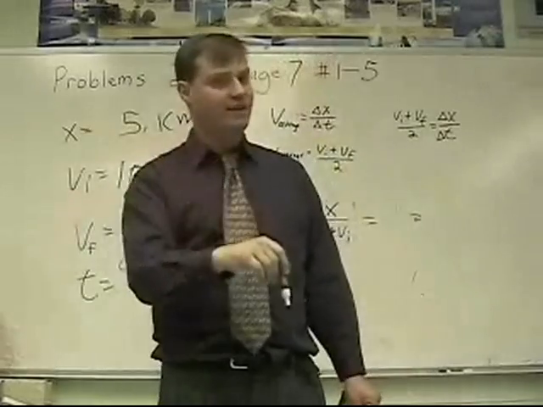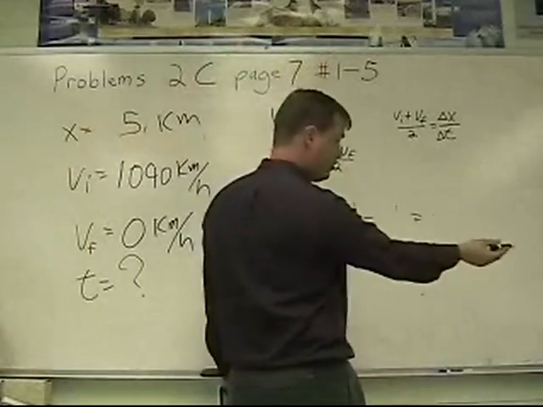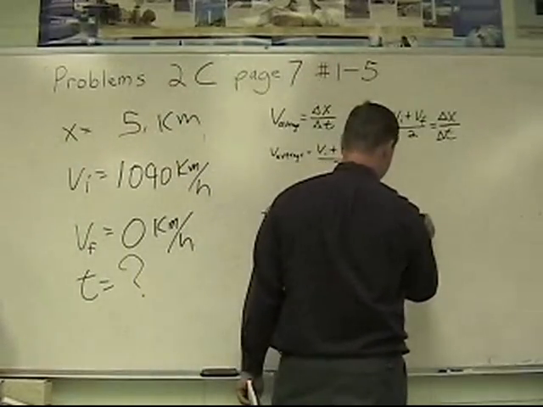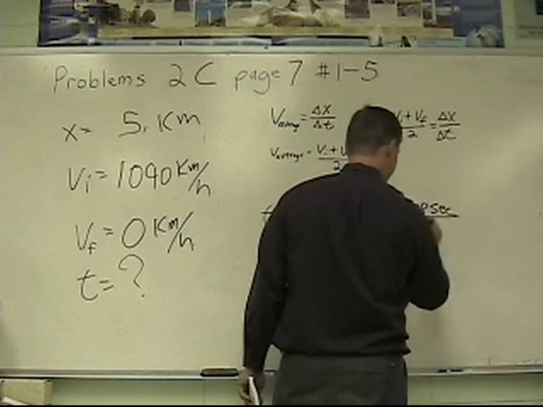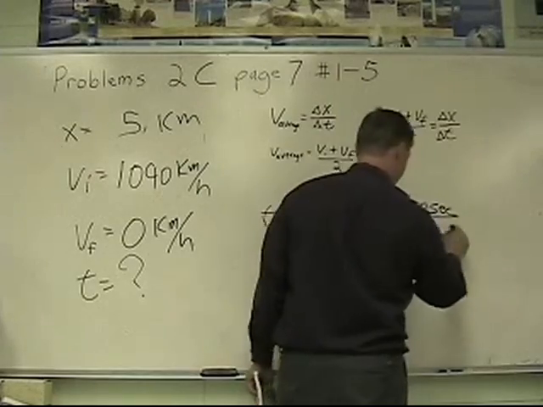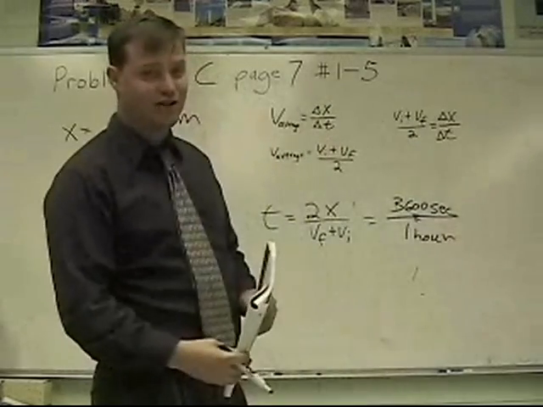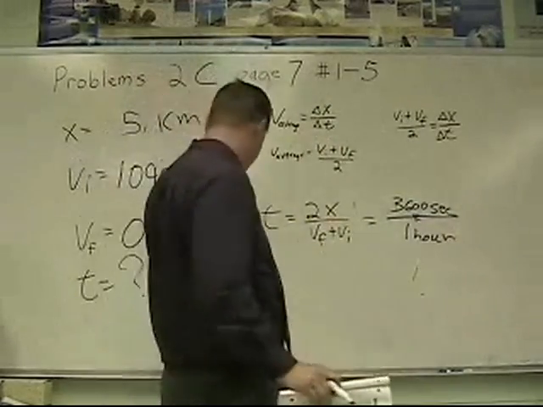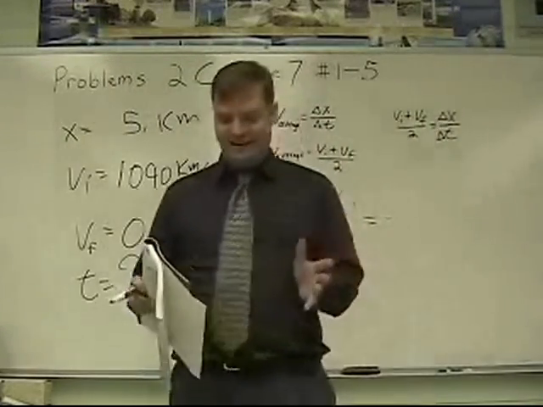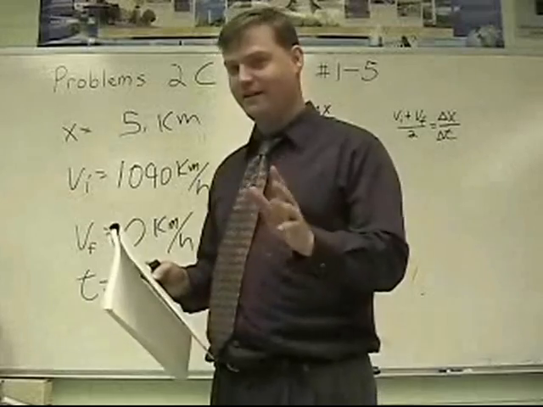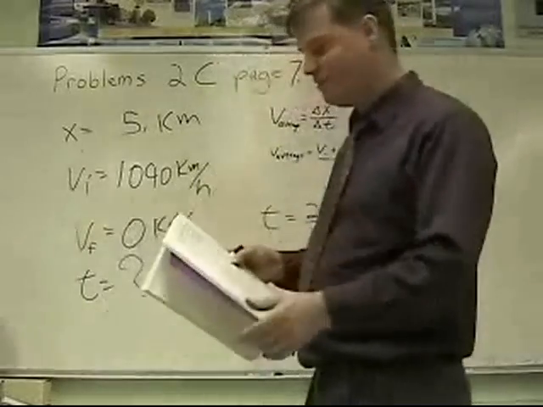If you would like to know what that is in seconds, you could use your conversion factor of 3,600 seconds over 1 hour. But that isn't necessary for these questions. Only if you're curious, you can do that.